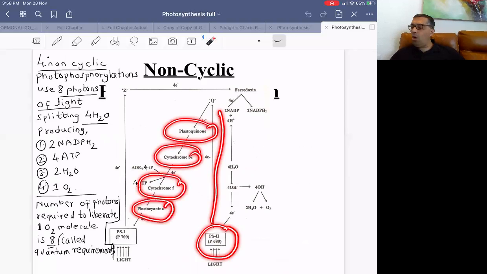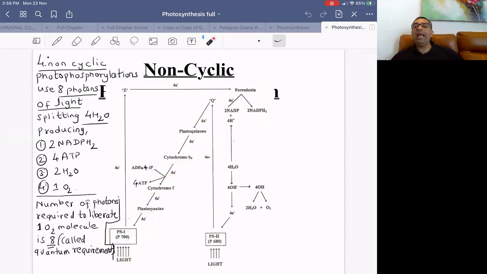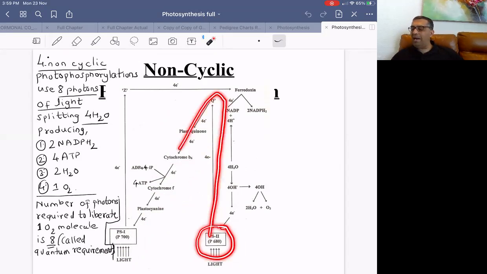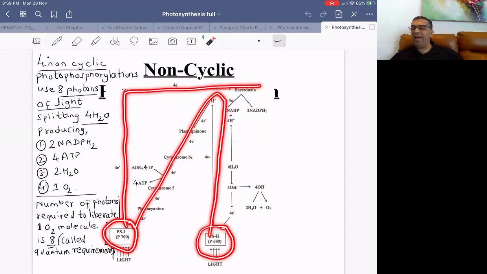But electron वापस PS2 के पास नहीं आता है. तो PS2 का इलेक्ट्रॉन PS2 के पास नहीं आता है. PS2 का इलेक्ट्रॉन PS1 में चला जाता है. अरे बाप रे, तो इलेक्ट्रॉन कहां से कहां पास हुआ? इलेक्ट्रॉन वेंट फ्रॉम PS2 टू PS1 and PS1 से it was liberated away and was not returned back to PS1.